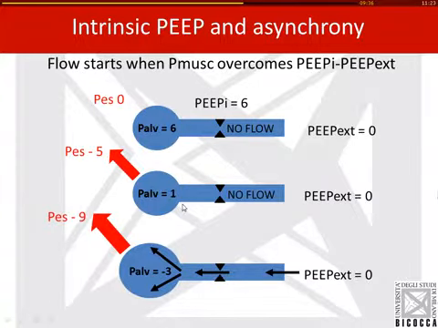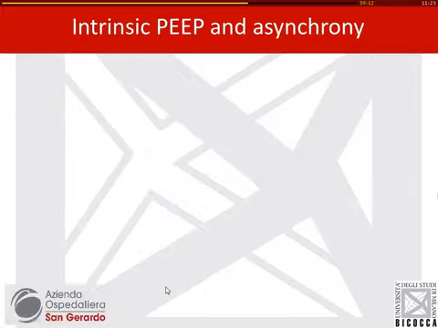I have to pull farther to make an additional effort to overcome this intrinsic PEEP. I have to bring my alveolar pressure below 0, in this case, below the PEEP applied on the ventilator, and only at this stage I will start to have a positive flow from the ventilator, and I will be able to trigger the ventilator. This is sequentially in time.